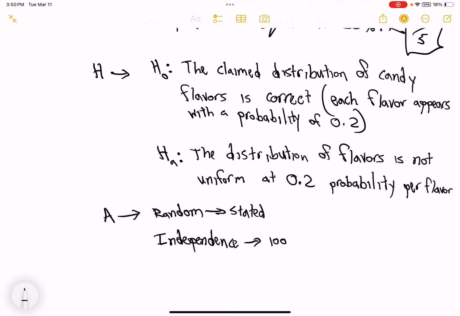But the key here to recognize is in our sample, we need to be like, well, that times 10 should be less than all candies, right? And we can make that particular assumption. Let me make sure this is clear. That's not a C, that's a less than. Okay, so we've got randomness. It's the same check we always have, and we have independence. Again, the same check we always have.